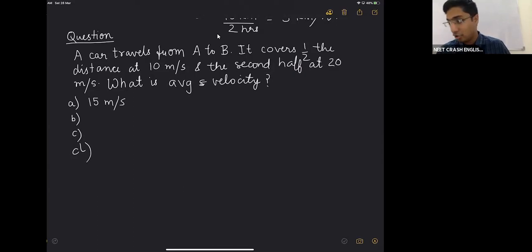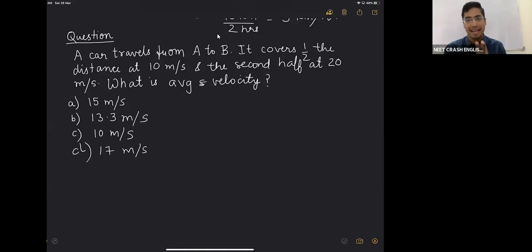Option 2 is 13.3 meters per second. Option 3 is 10 meters per second. And option 4 is 17 meters per second. Tell me the correct answer by writing in the chat.